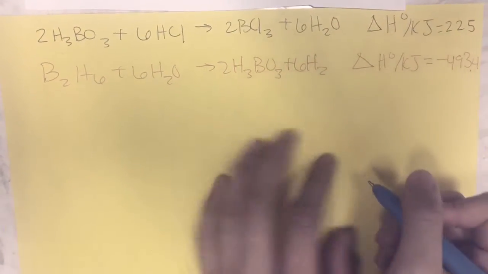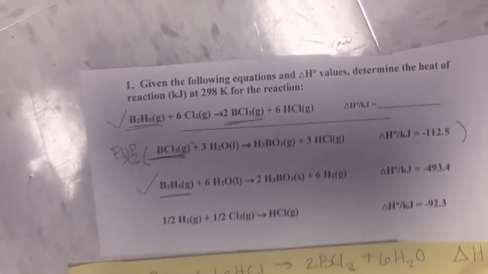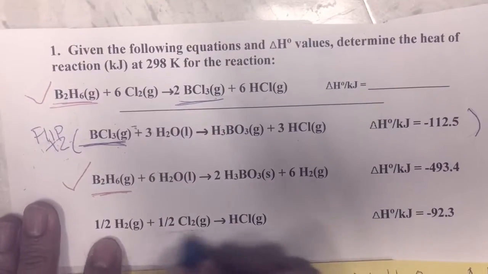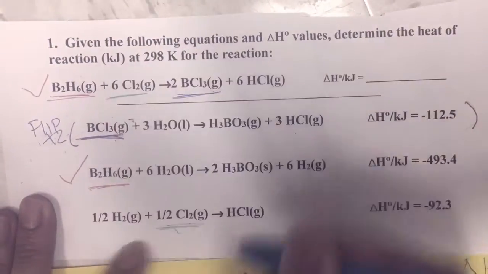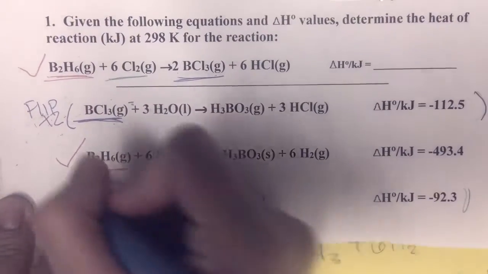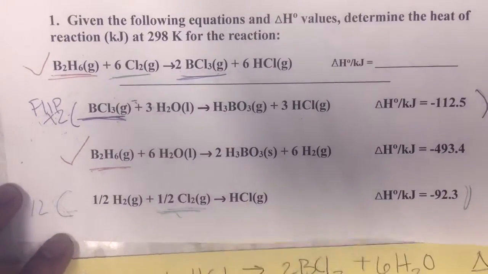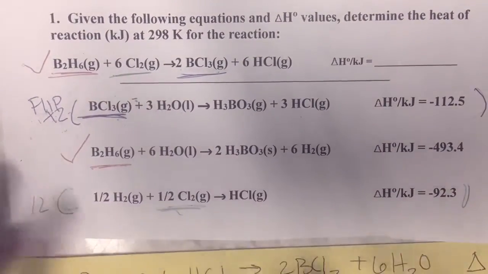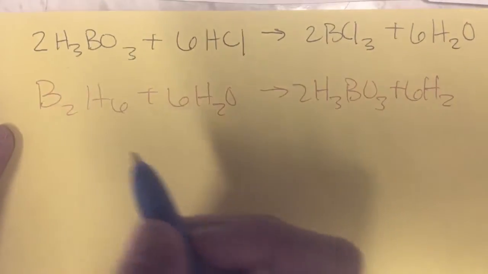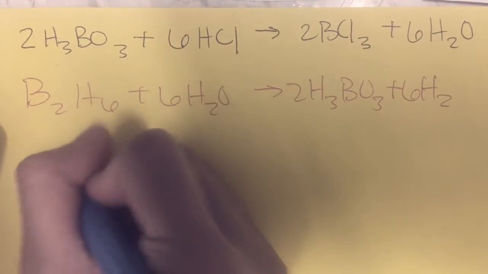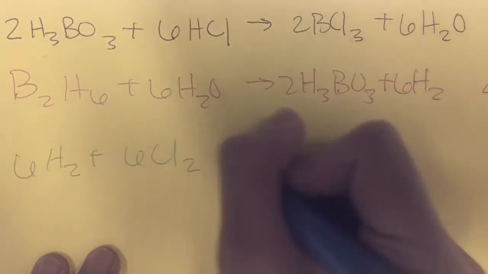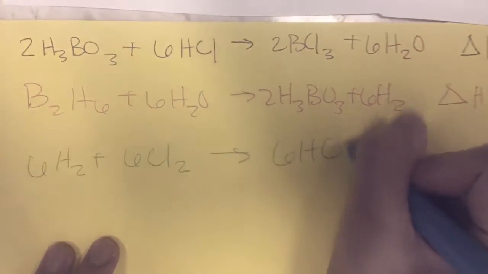Then returning to the last equation, the unique compound for this one would be Cl2. But since this has a coefficient of 1/2, you would have to multiply this entire equation by 12 to make it 6Cl2. So you would multiply 1/2 times 12, giving 6H2 plus 6Cl2 yields 6HCl.